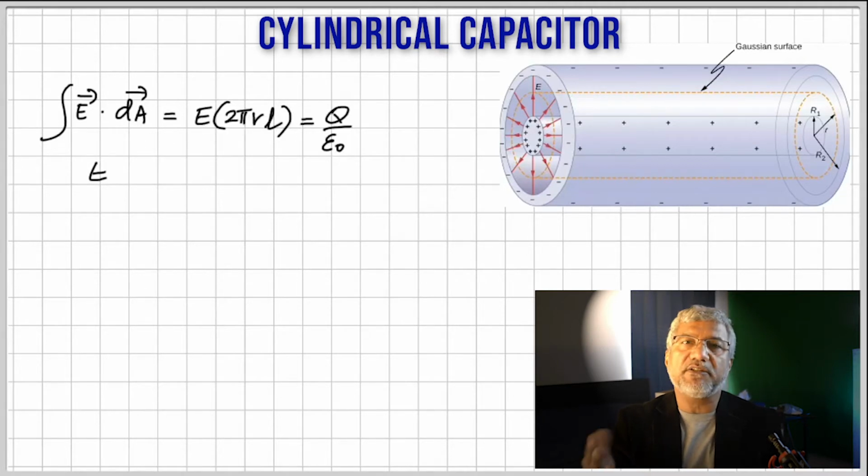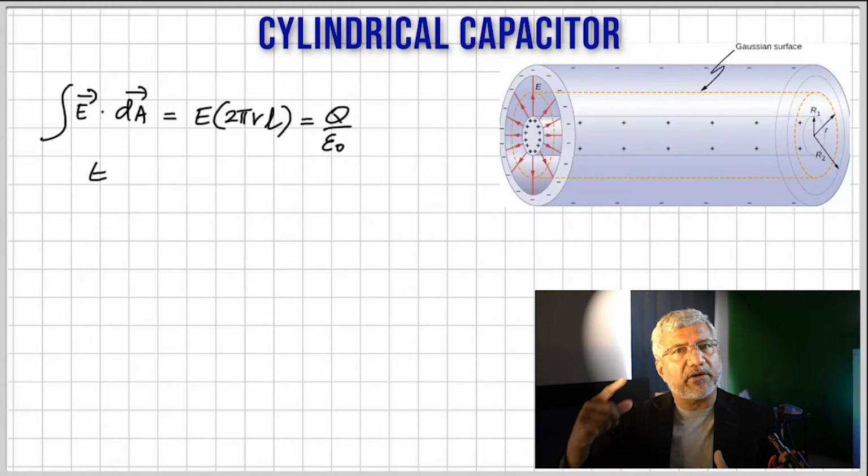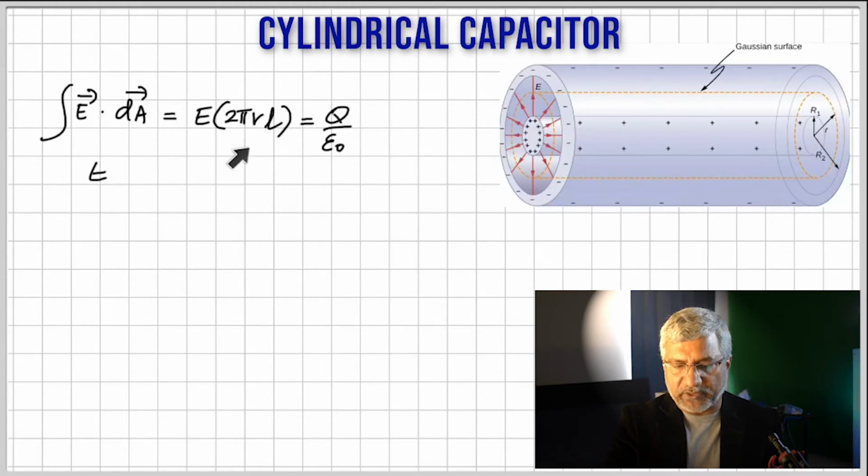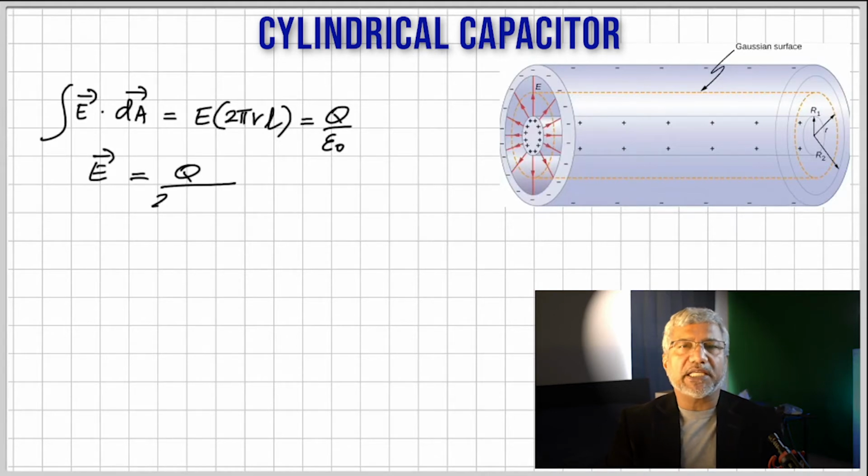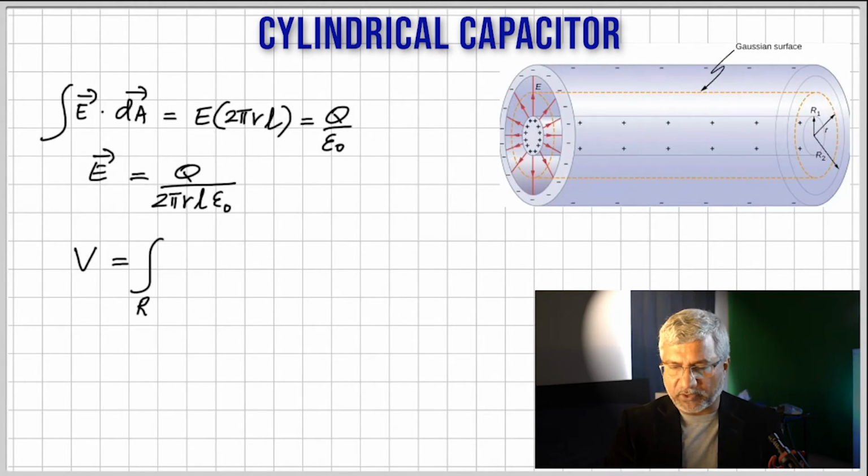So we have integral dA, and the surface area of a cylinder is 2 pi r, which is the circumference, times the length. So that's where you get this term. That is the surface area of that Gaussian surface. And now on rearranging and making E the subject, you get Q by 2 pi rL epsilon naught.